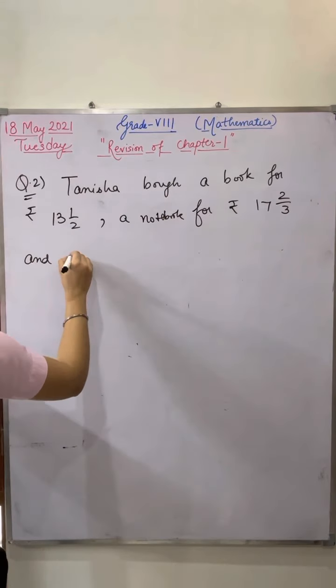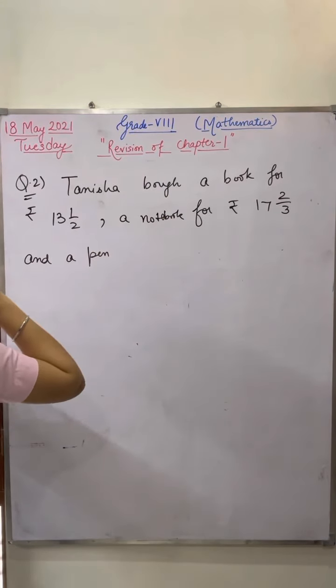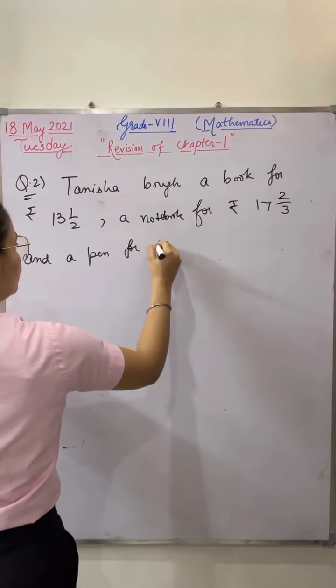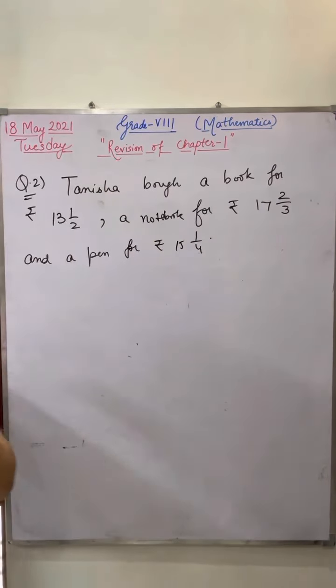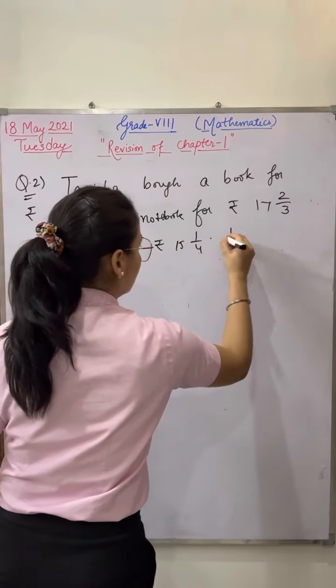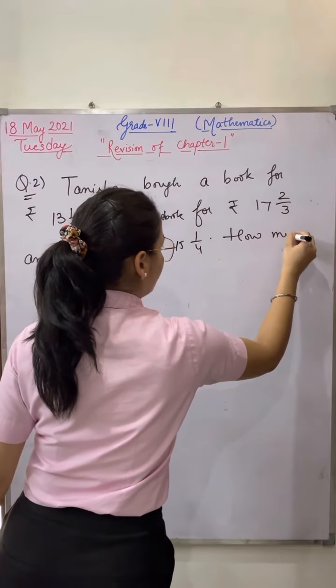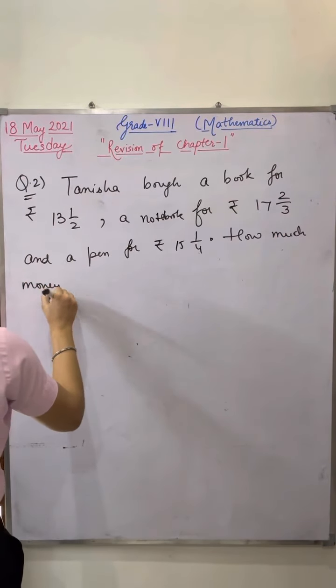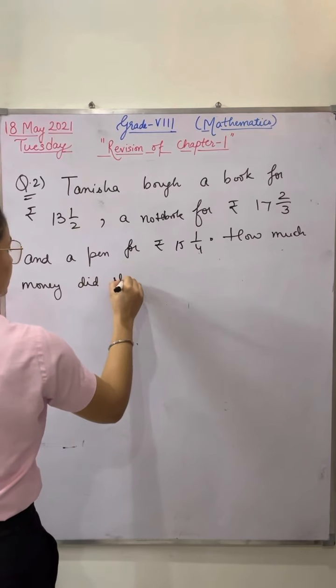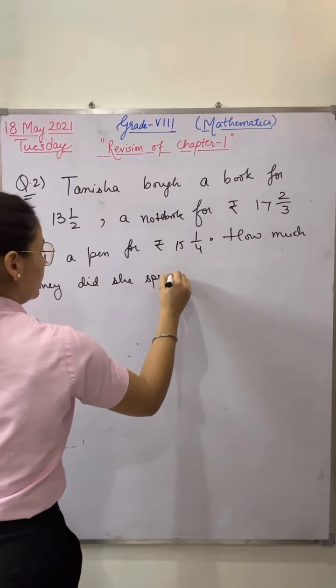Okay, and a pen for rupees 15 1 by 4. How much money did she spend in all?